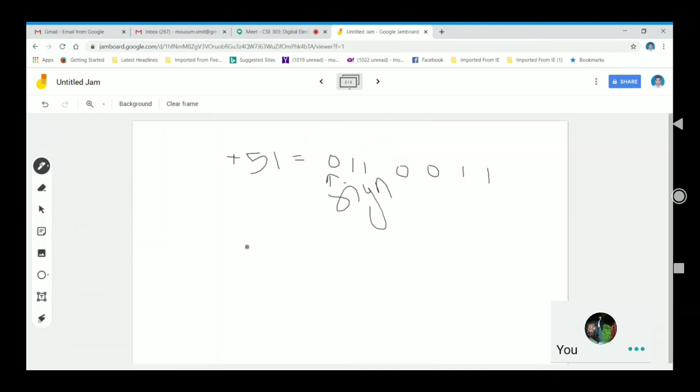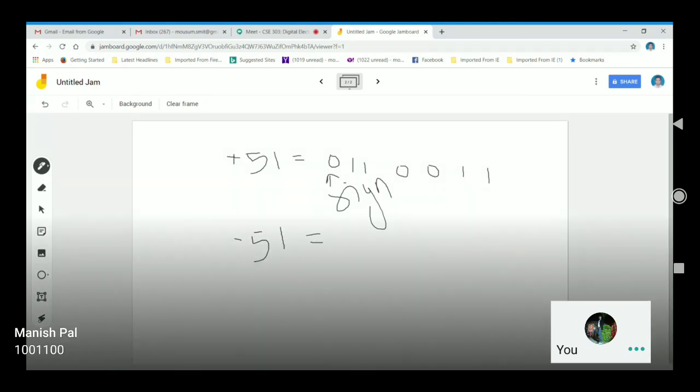Can you tell me this one? Minus 51. What is the binary sequence if we are using the ones complement?